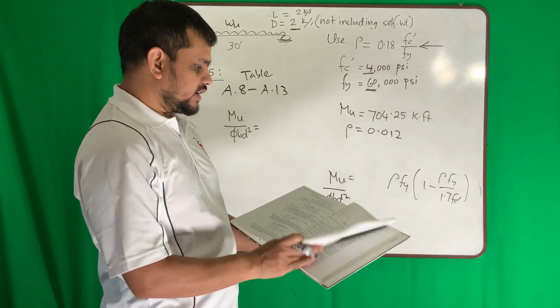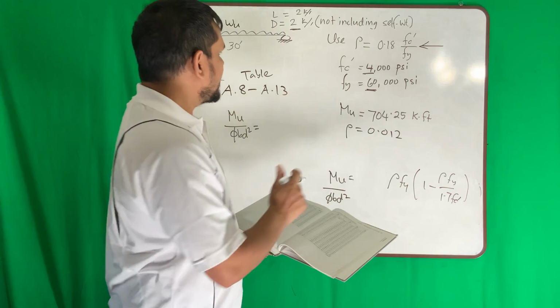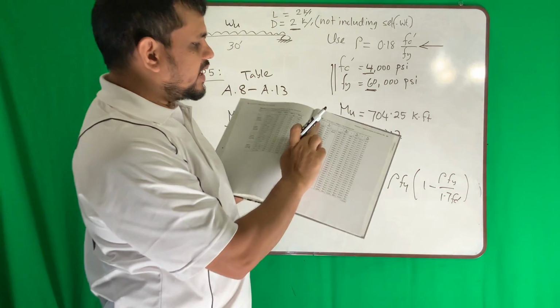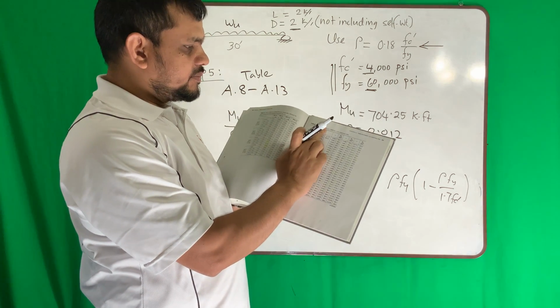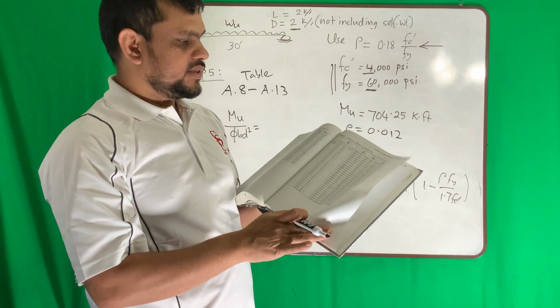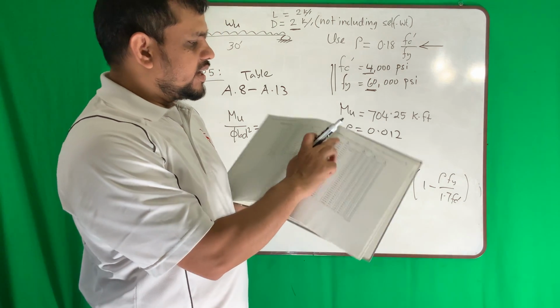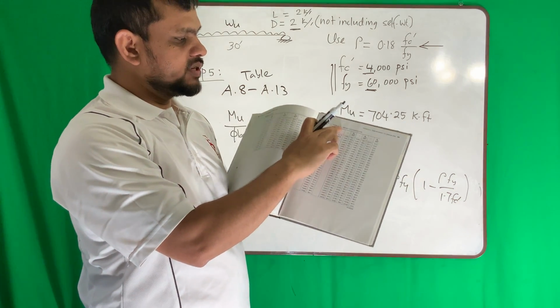Table A2, A13, anyone? You have to check this, yes? Check this, A prime C and Fy. Table A8, Fy is 40,000 psi, A prime C 3,000 psi. Table A9, Fy 40,000, A prime C 4,000.